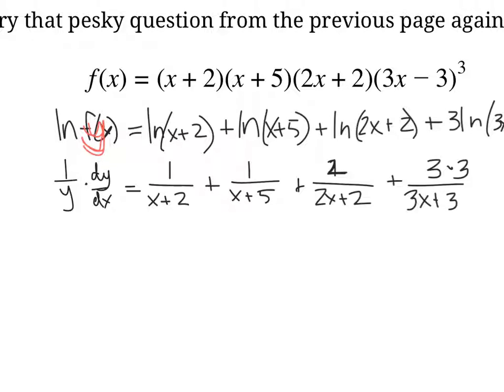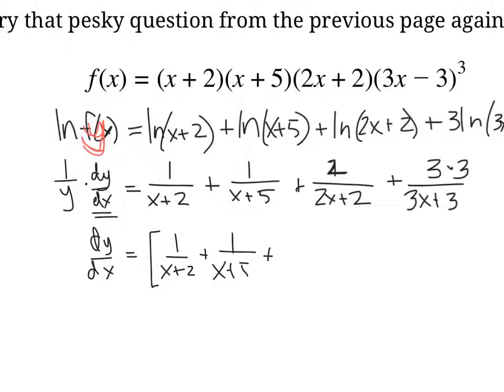And then, since this is sort of ugly, we want to bring that y to the other side. We basically want to find the derivative just by itself, right? We want to isolate that. So dy by dx is just going to equal, I'm going to put this all in brackets, 1 over x plus 2, plus 1 over x plus 5, plus 2 over, well, a lot of those 2's are going to end up canceling out, right?